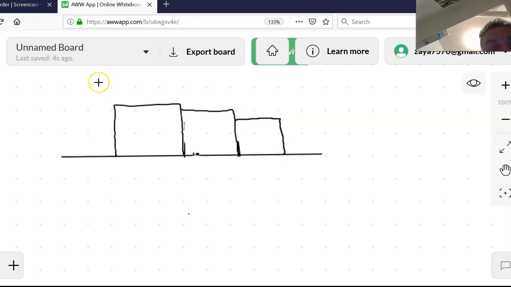Let's say we have here M1 is 5 kilograms, M2 is 3 kilograms and M3 is 1 kilogram.